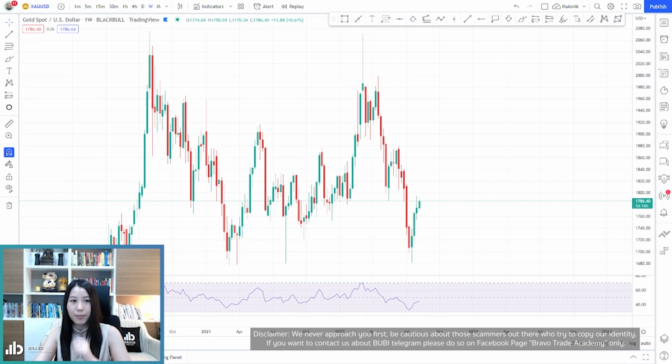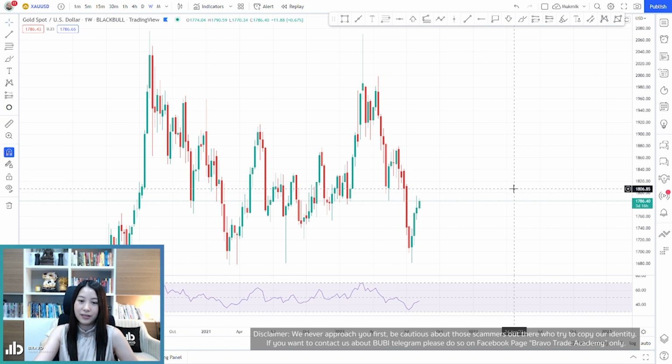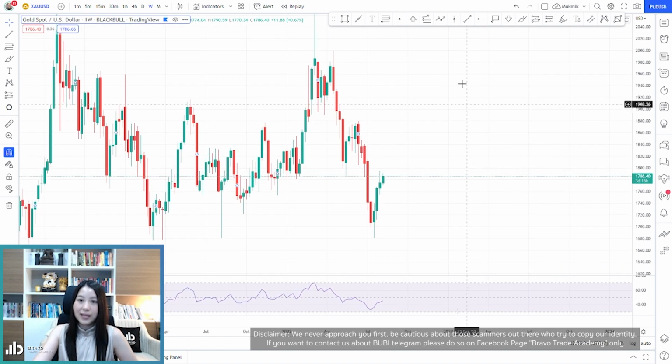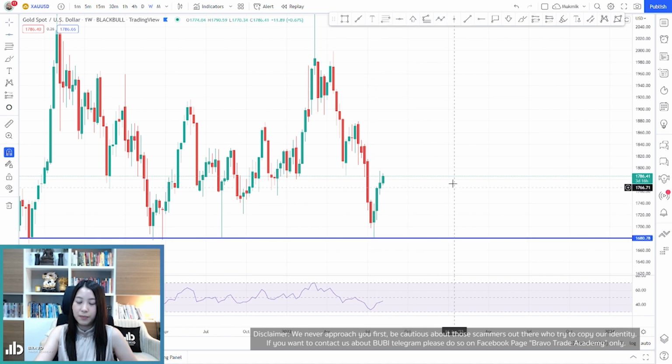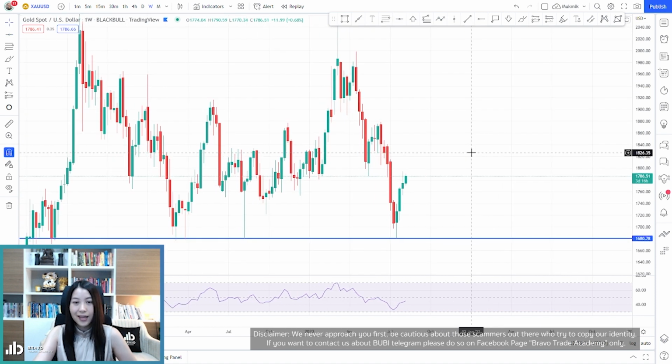It's Tuesday, but I want to take you through the weekly time frame first. In the weekly time frame, if you remember, the price had been sent up from 1680, which is the significant support and also a demand zone.